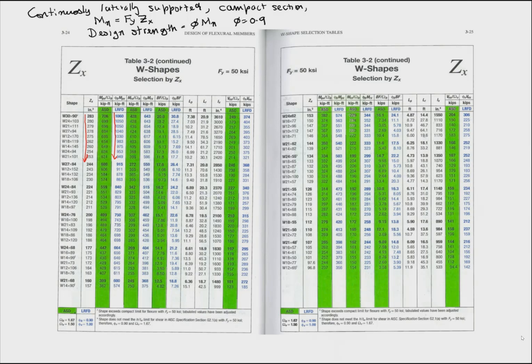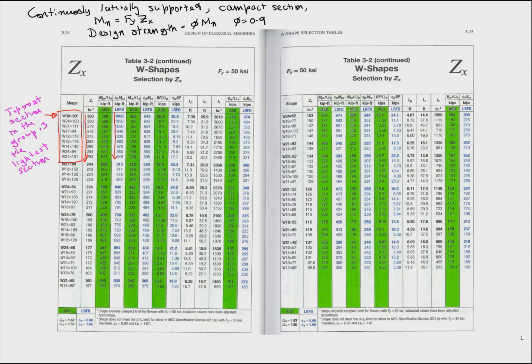And they're also grouped together in such a way that the topmost section in the group is the lightest section. So essentially they're ordered in decreasing order of strength and then grouped in such a way that within the group it's increasing order of weight per unit length.